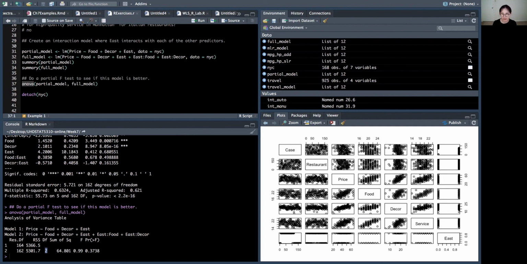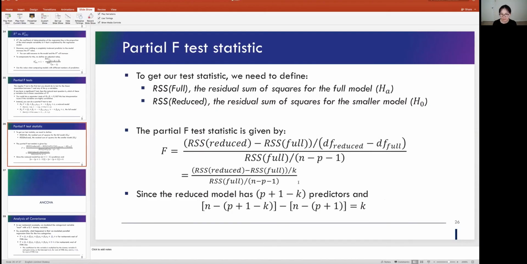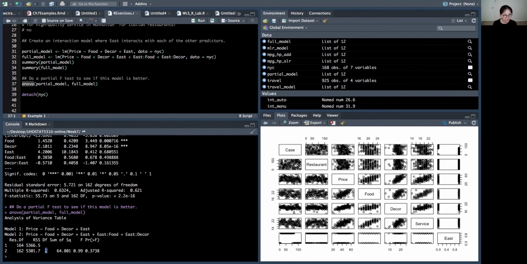Let me go back. The degrees of freedom for the reduced model should be n minus p plus k minus 1.